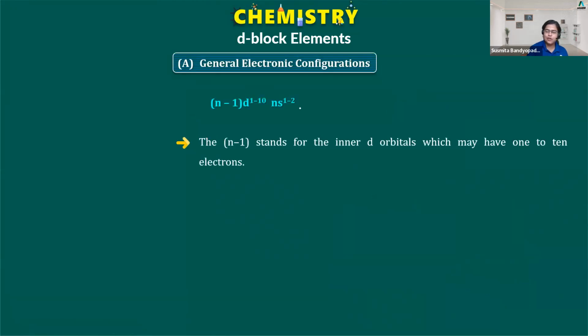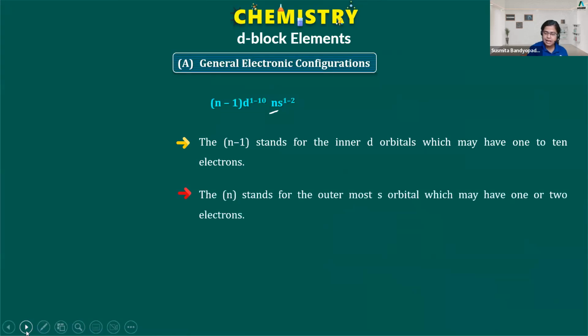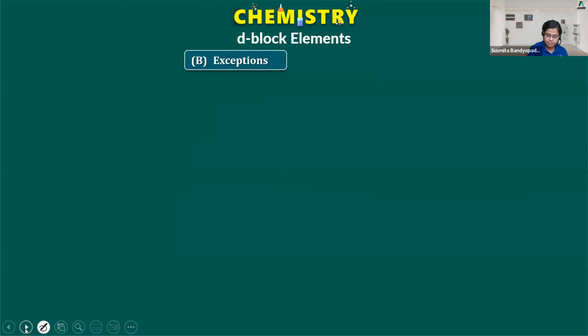This is the general electronic configuration where n stands for the valence shell and n minus 1 stands for the antepenultimate shell. n stands for the outermost shell, n minus 1 stands for the penultimate shell.